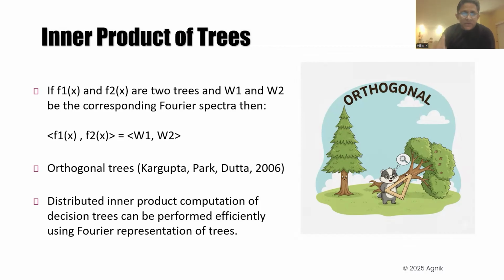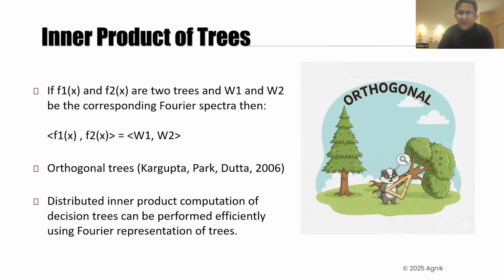And you can generalize and extend this to other interesting things like orthogonal decision trees. If you can compute the inner product in the Fourier space, you can compute the covariance, and you can do principal component analysis of that.